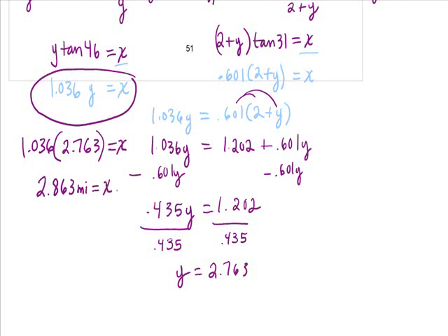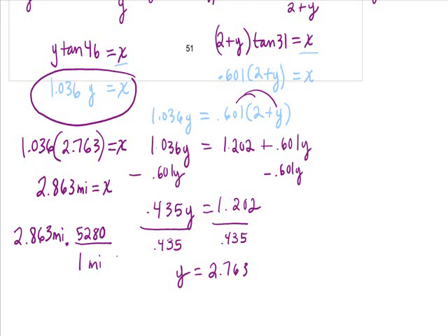Now, depending on where you round, your answers might be off by a hundredth or a thousandth. Alright, so now we want to go to feet. Mr. Stern, how many feet are in a mile? 5,280. So if I have 2.863 miles, and I want to go from miles to feet, I know I have to multiply.